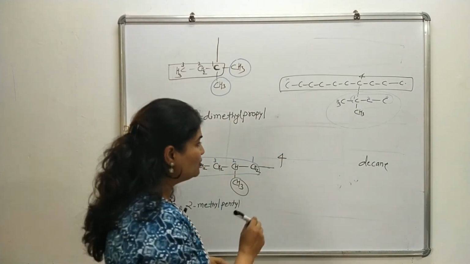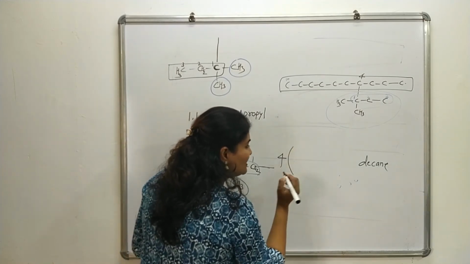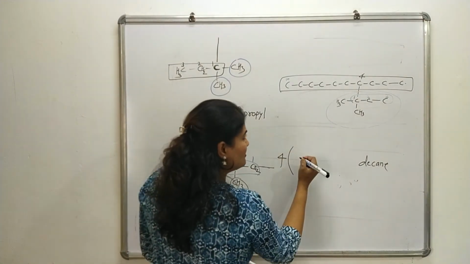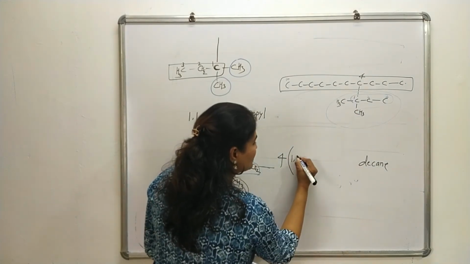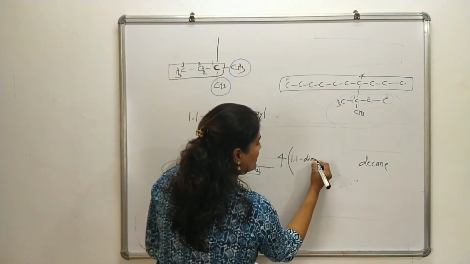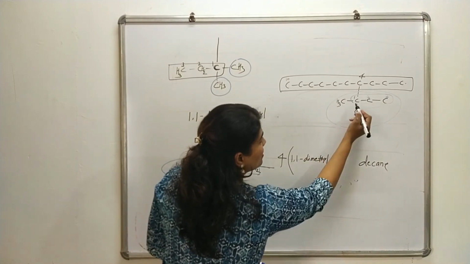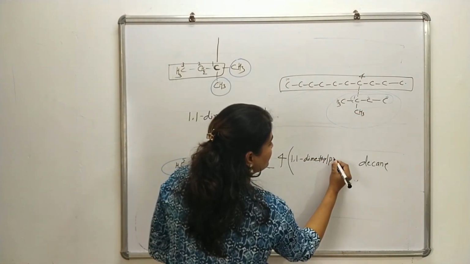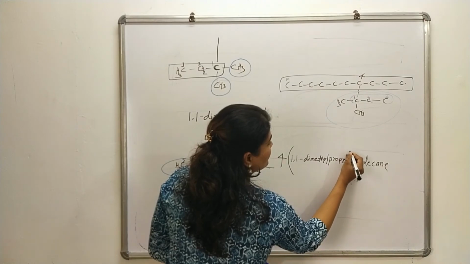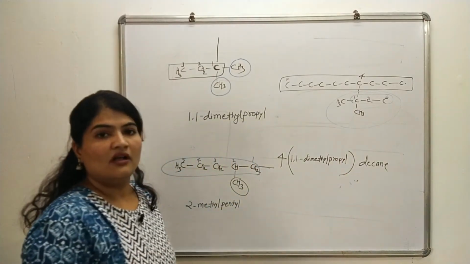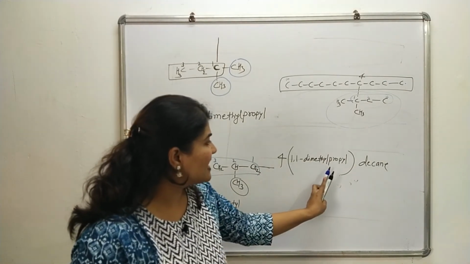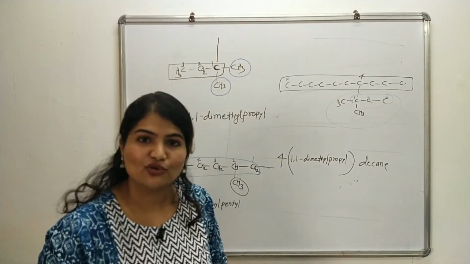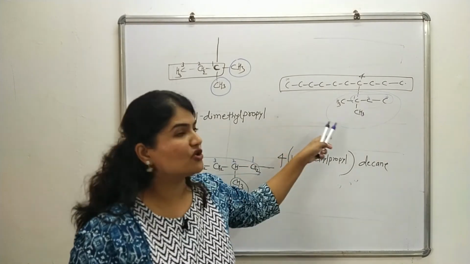So what I will do, I will put that name in the bracket, and inside the bracket I will write the name of the alkyl group, 1,1-dimethylpropyl, and then I will finish the bracket, followed by decane. So 4-(1,1-dimethylpropyl)decane is going to be the IUPAC name for this compound.